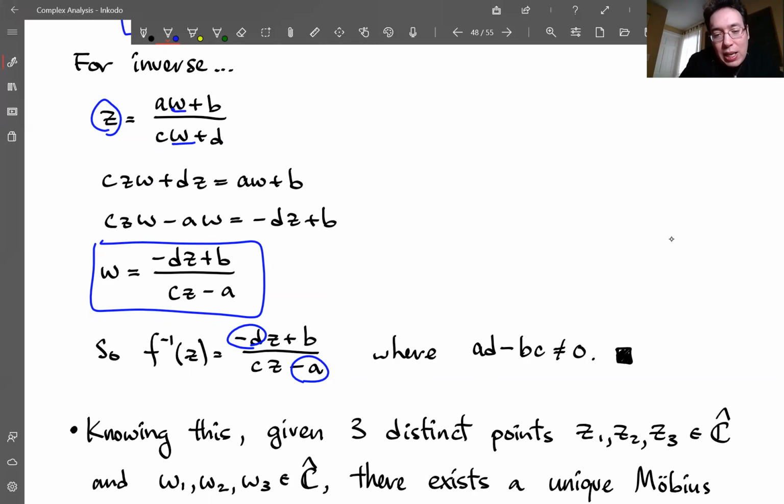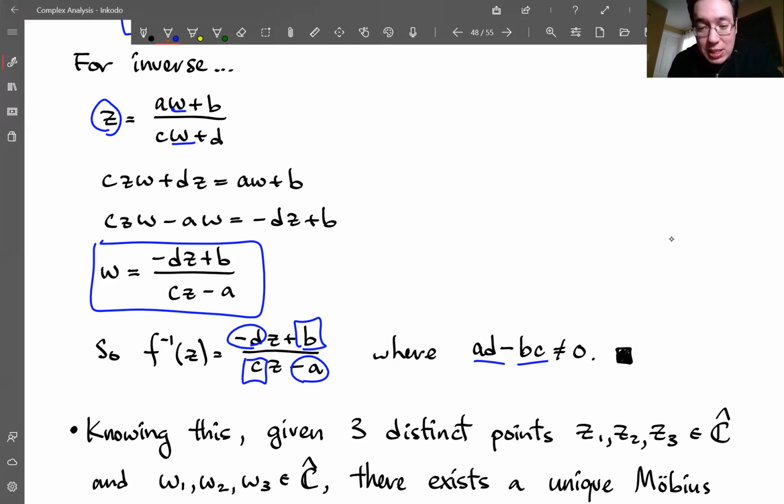If you multiply negative D and negative A, we get AD. And B and C are the same as in the original function. So we get AD minus BC. If the original function is a Mobius transformation, then this is non-zero. So the inverse is also a Mobius transformation.